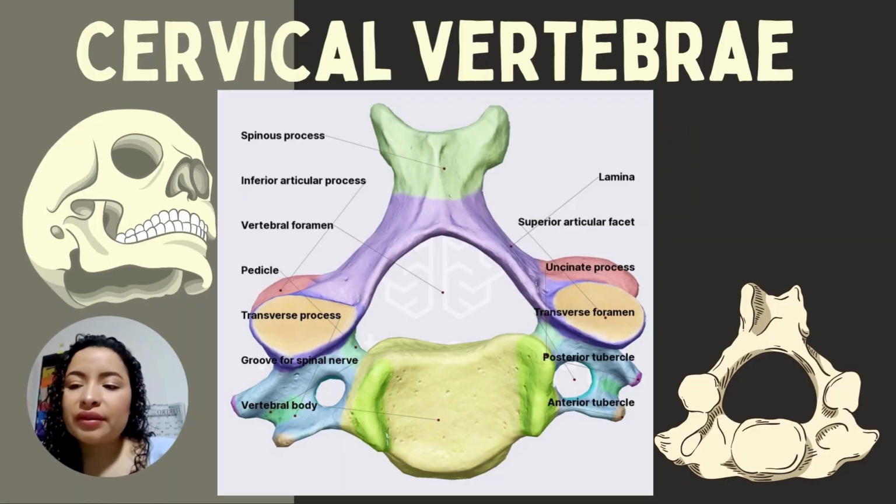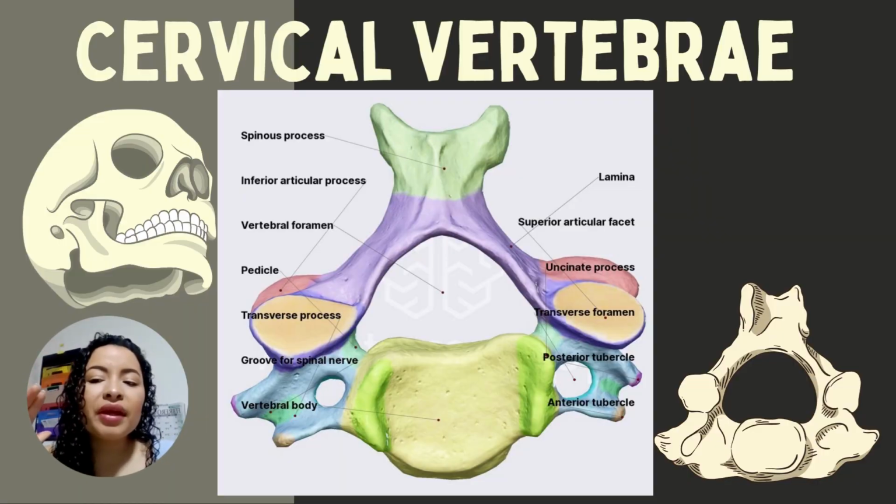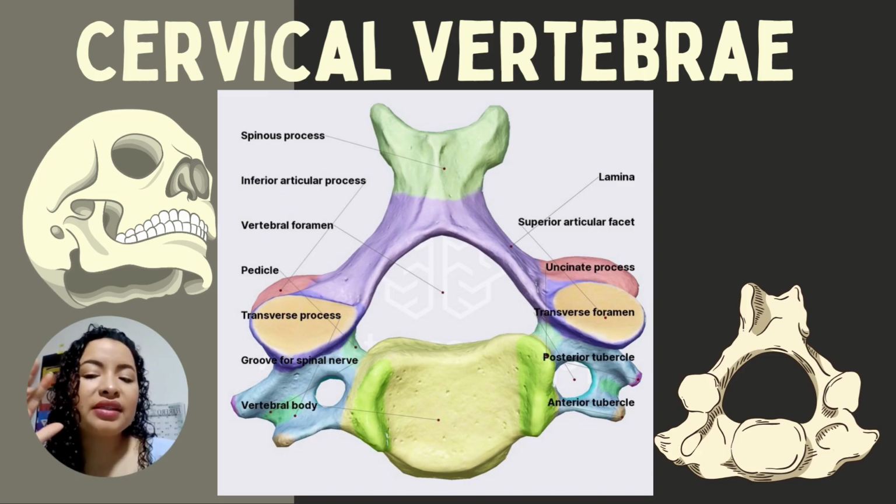Cervical vertebrae. The 7 cervical vertebrae form the cervical spine in the neck. They are located between the skull and the thoracic vertebrae and have the smallest and thinnest intervertebral discs in the spine.